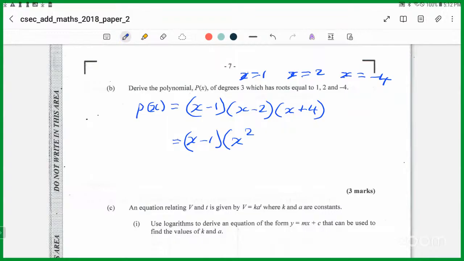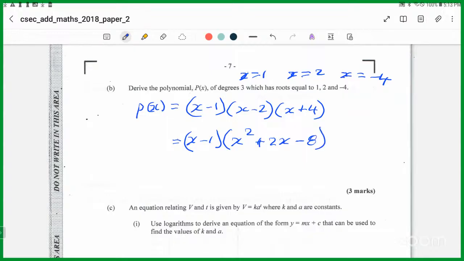The middle term is the far product and the near product. The far product is 4x, the near product is minus 2x, so the middle term is plus 2x. And the last term is negative 2 times 4, which is negative 8.